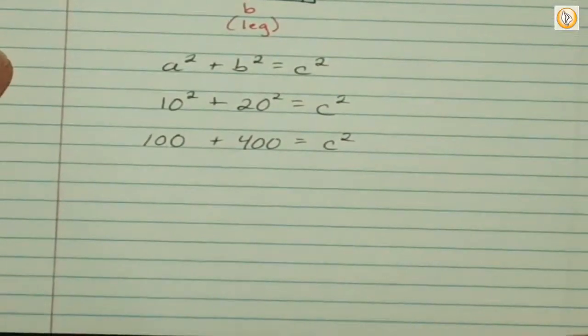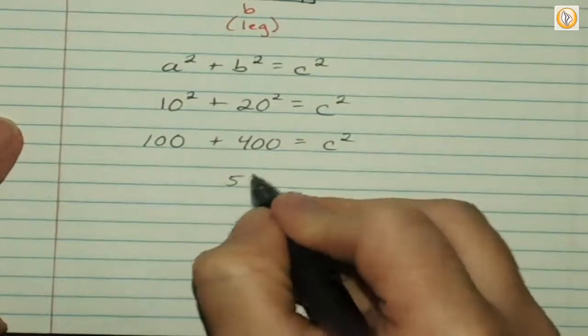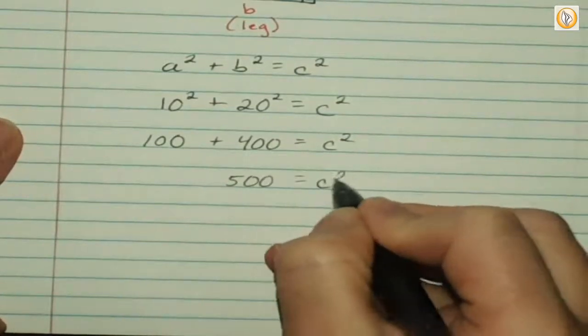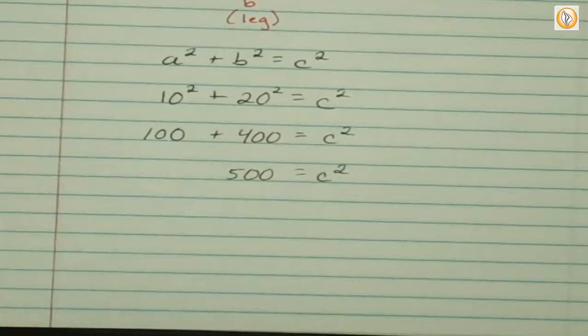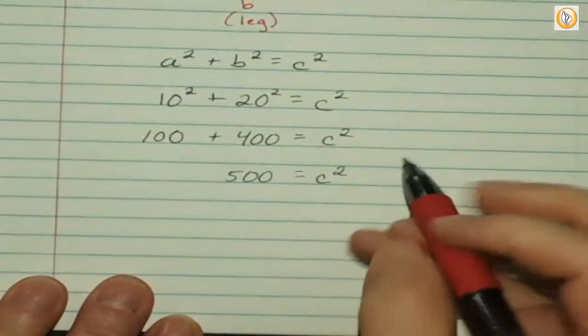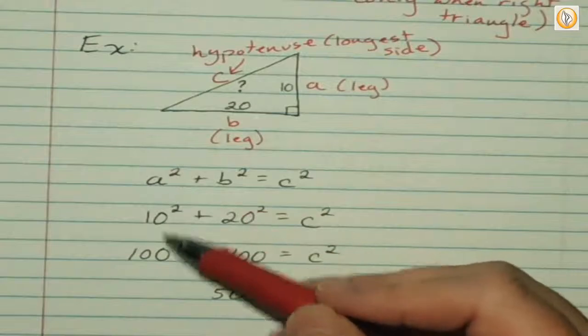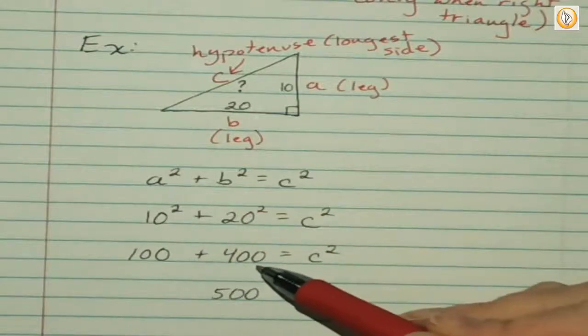All right, what's 100 plus 400? 500. I didn't call him. It's 500. All right, now, so we have 500 equals C squared. That is not the answer because the C is still squared. Remember back here, we had 20 and 10. We plugged them in and we squared it.